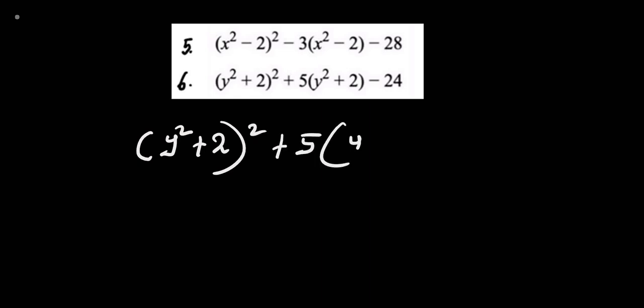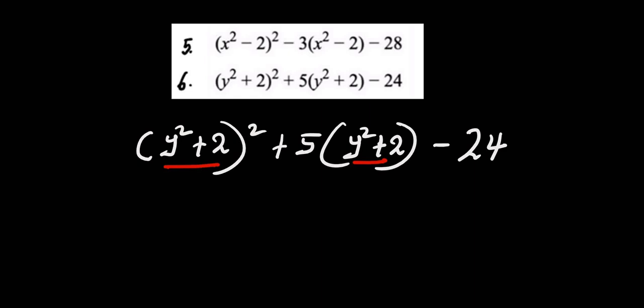Question 6. We have y squared plus 2 squared plus 5 y squared plus 2 negative 24. To solve this problem, first recognize that the content of the parentheses is the same.